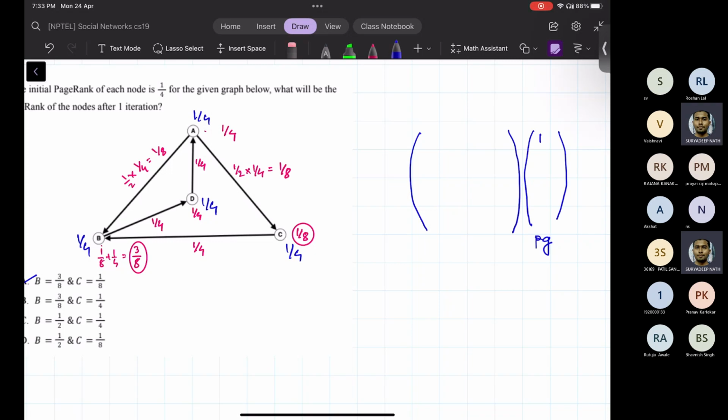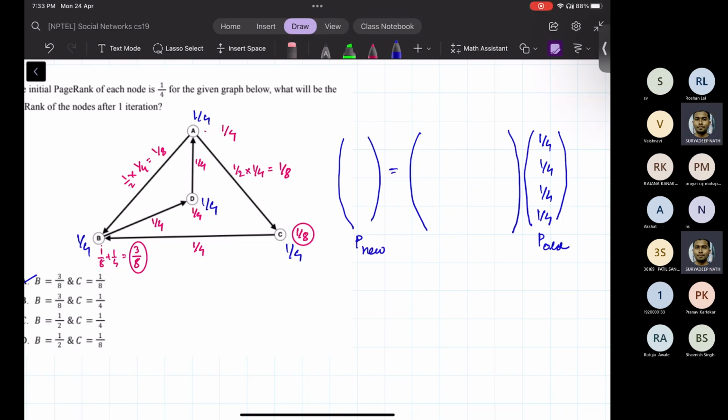So it was initially 1 by 4, 1 by 4, 1 by 4, 1 by 4. This is the old page rank, P old, and this is P new.